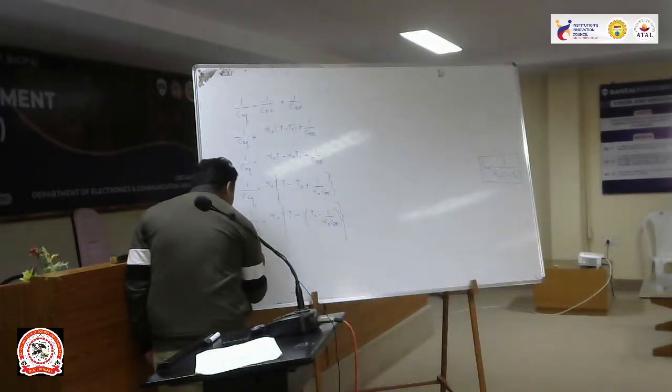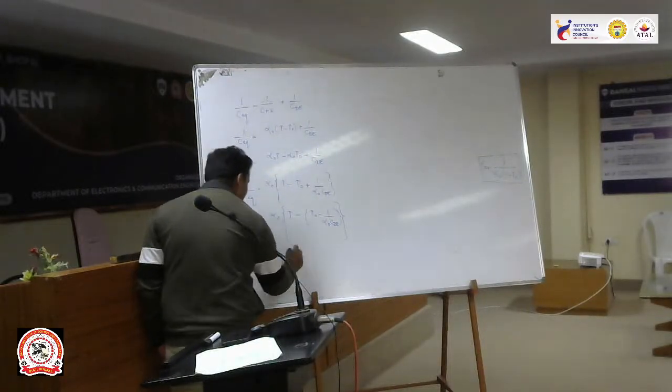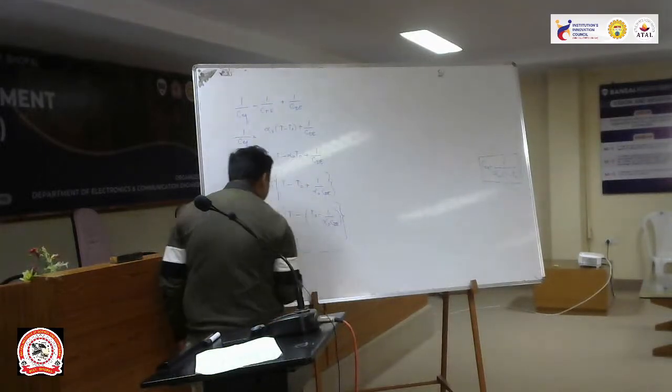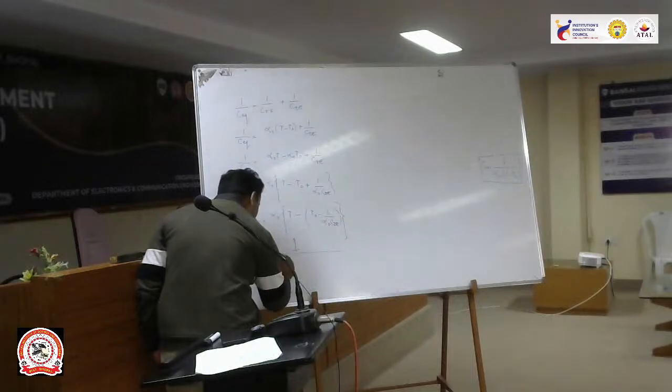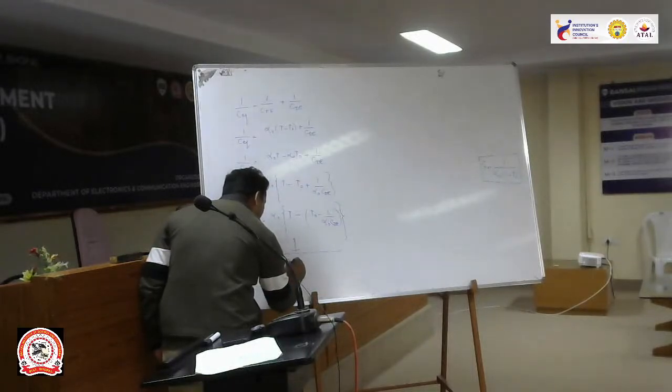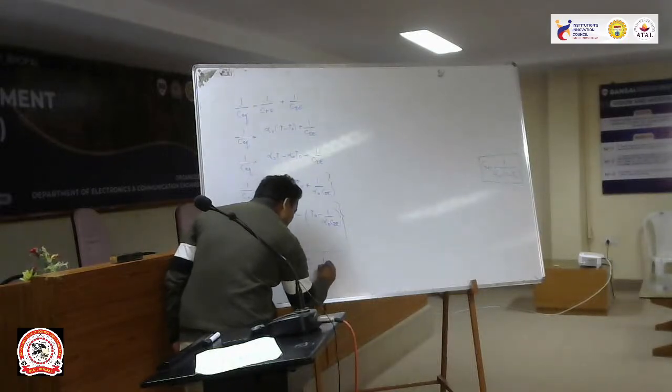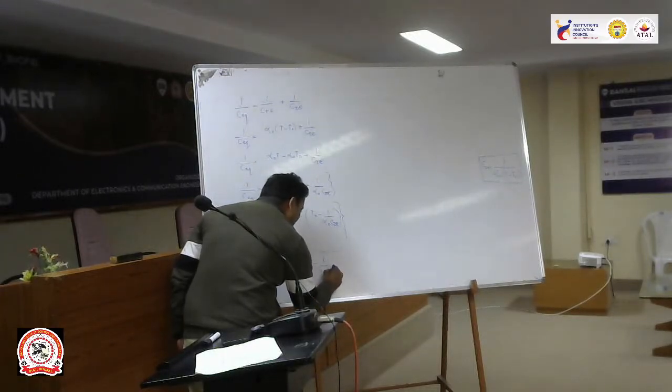And C equivalent can be written as 1 upon alpha naught (T minus T naught minus 1 upon alpha naught CDE).